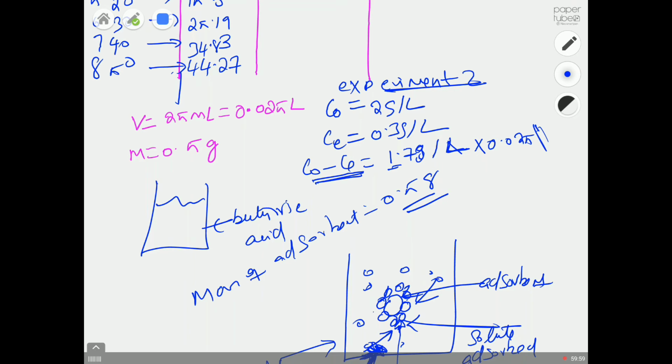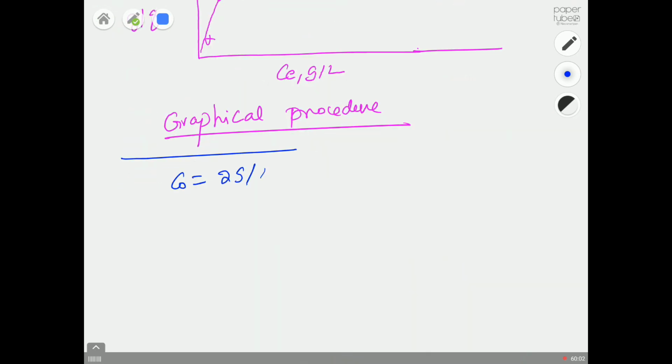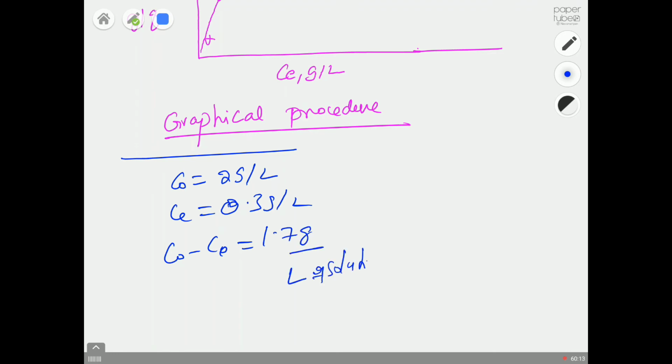I'm going to use the next page. C0 is 2 grams per liter, CE is 0.3 grams per liter. So C0 minus CE is 1.7 grams per liter of solution, or we can even call it per liter of solvent. We did all experiments with V equal to 25 ml, which is 0.025 liters.